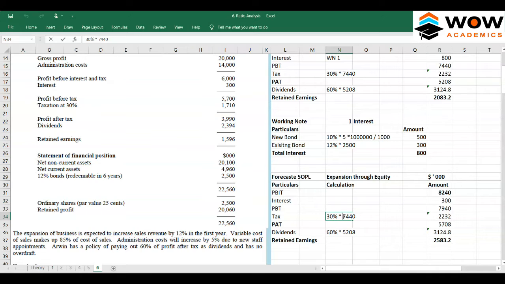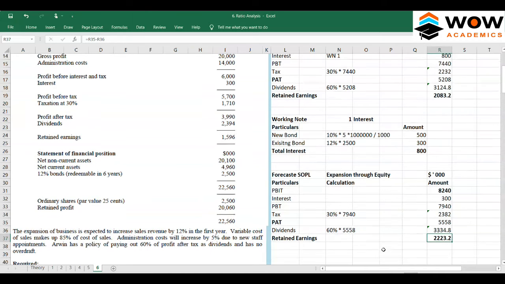The tax is 7940. So that we have to change. Not that alone, I think it changes. So that changes, and the dividend is declared from this amount, 5558. So we have to change that also. Okay, so the number comes to 2223. So our earnings that is going to go is 2223. So this is a change here.